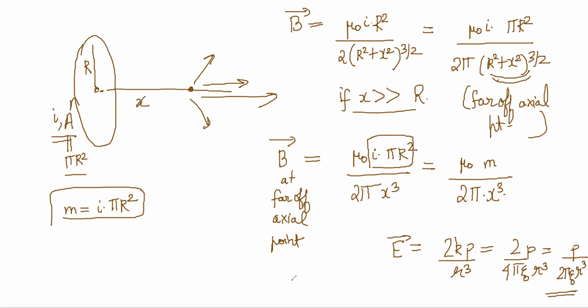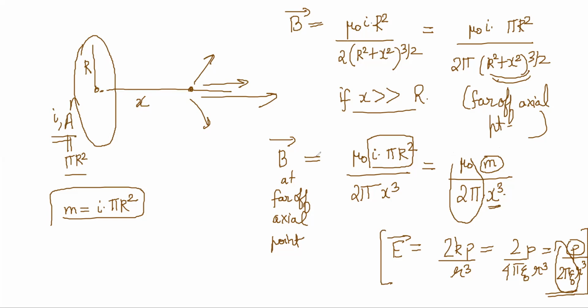And r played the same role as x here. This can be called x. So p is the electric dipole moment, m is the magnetic dipole moment. Instead of mu naught by 2 pi, you have 1 by 2 pi e naught, right? Everything else is the same, it's the same formula only.